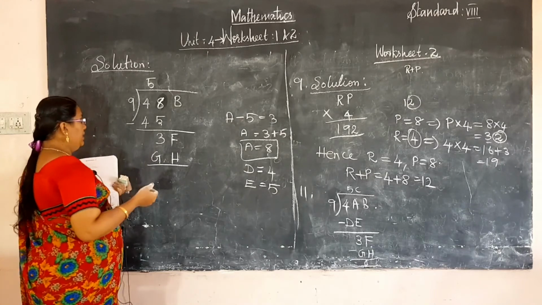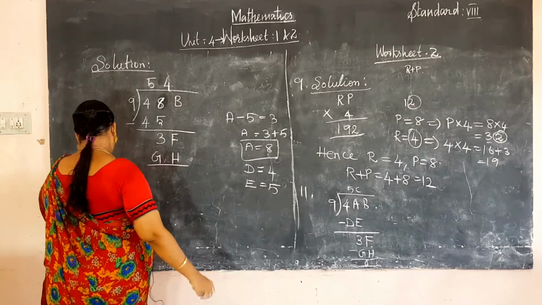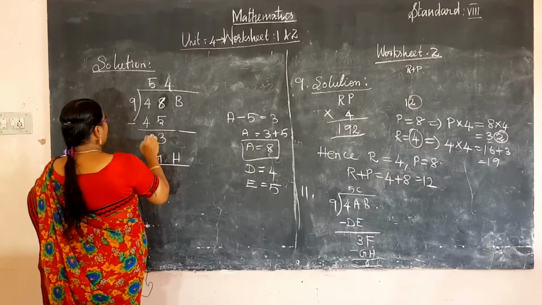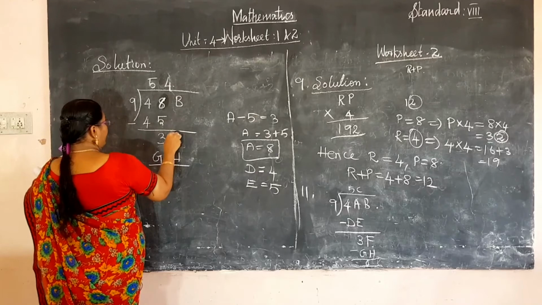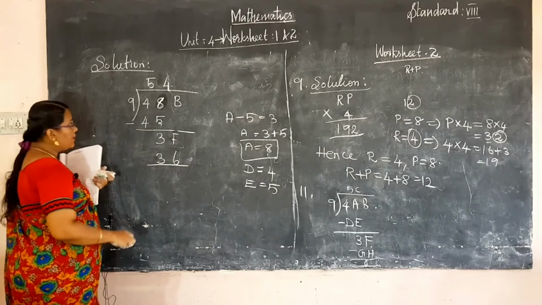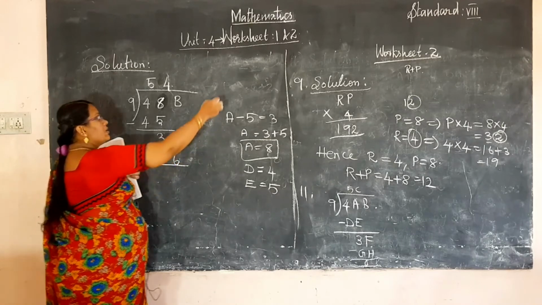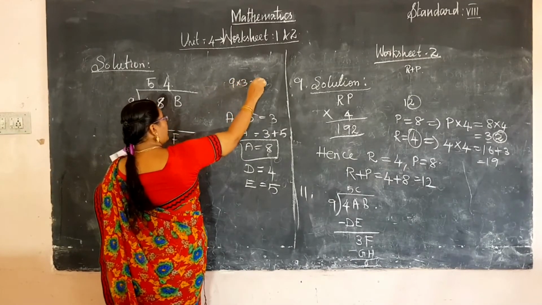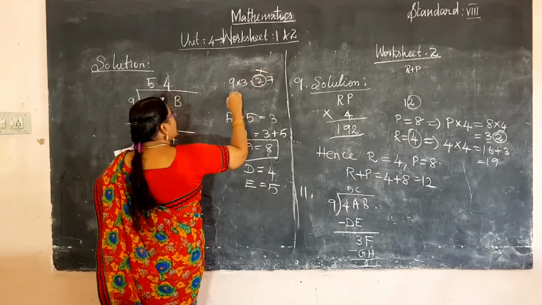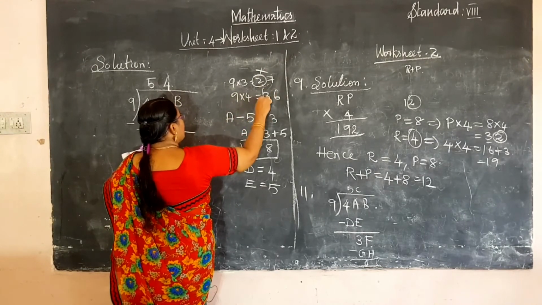So here the value is 4. Here the tens digit is already given, so 9 3s are 27 is not possible. We move to the next factor: 9 4s are 36, and the tens place value is 3.